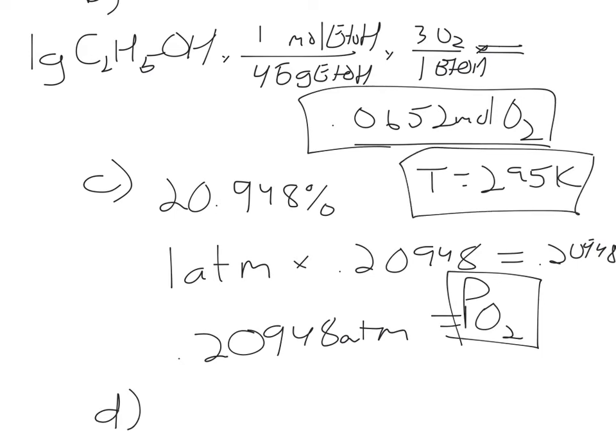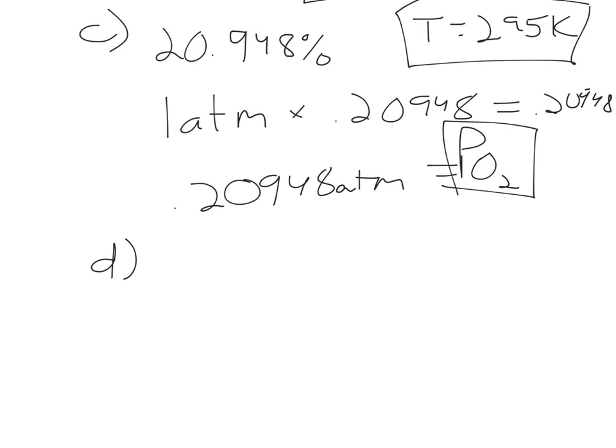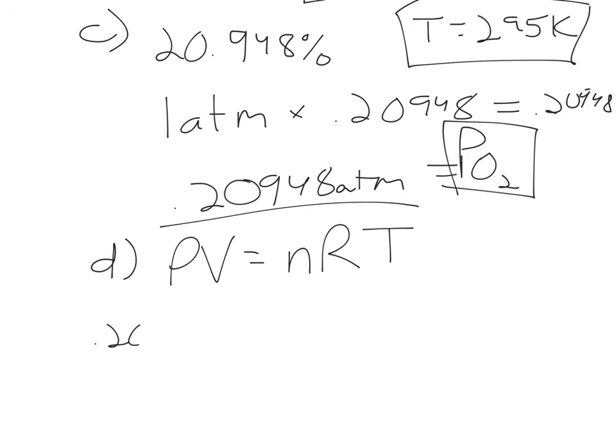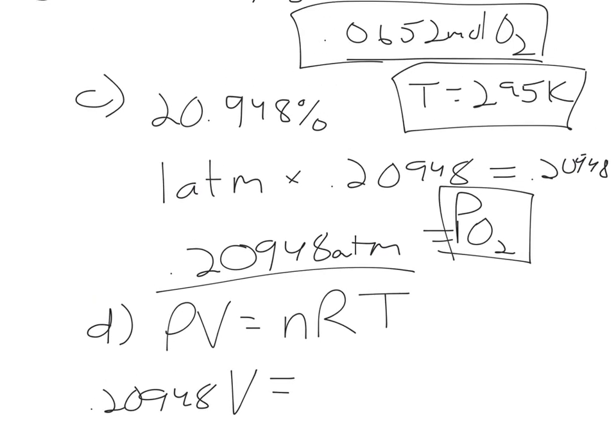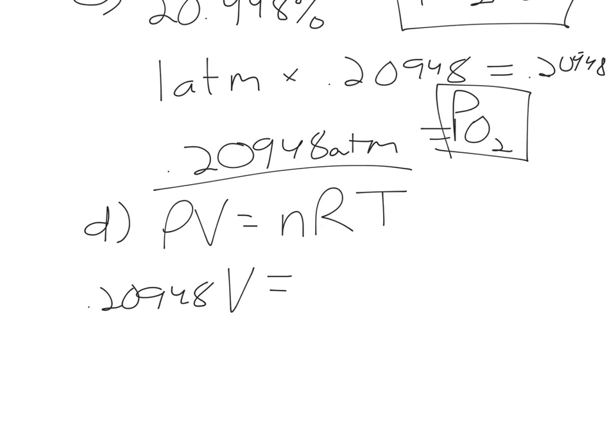Now I can do an ideal gas equation, because what they really asked is what volume, how big does the container need to be? So let's do that. Pressure times volume equals nRT. The pressure I calculated here is 0.20948 times the volume, which is what we're looking for, equal to the moles, and the moles were up here, 0.0652.